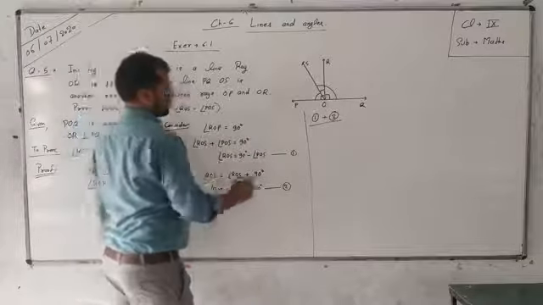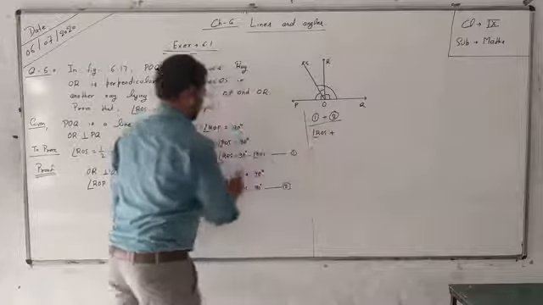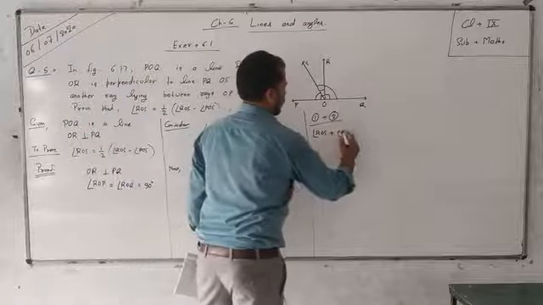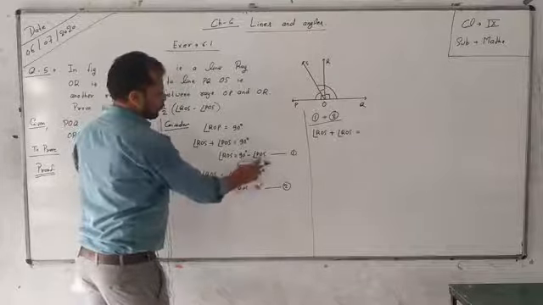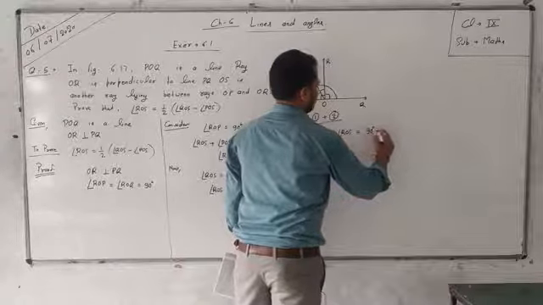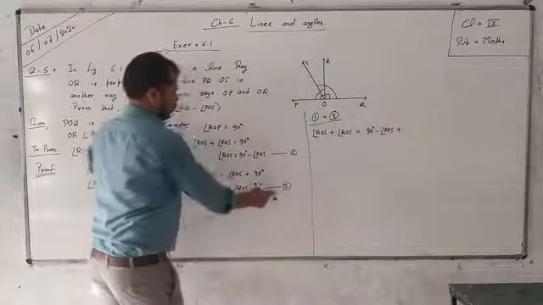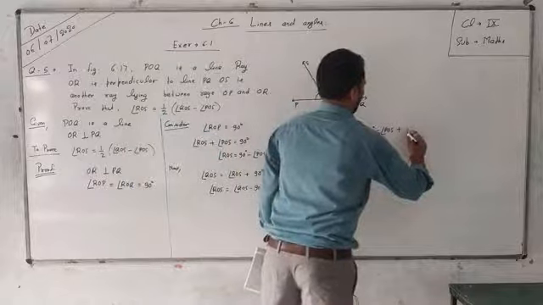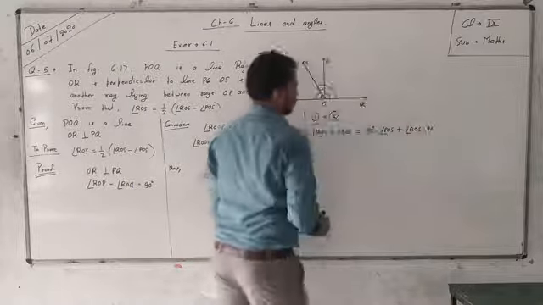Now this LHS is angle ROS from equation 1, and from equation 2 again angle ROS, equals to, and in RHS from equation 1, 90 minus angle POS, plus in equation 2 it is angle QOS minus 90 degree.